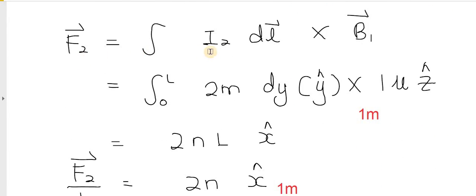F2 is the force experienced by I2, and this I2 is placed in an environment that has a magnetic flux density which is produced by I1.